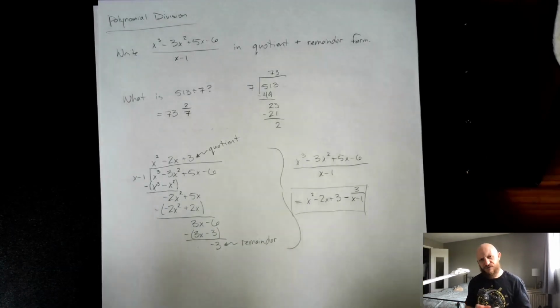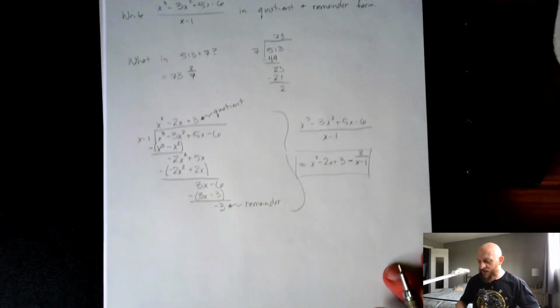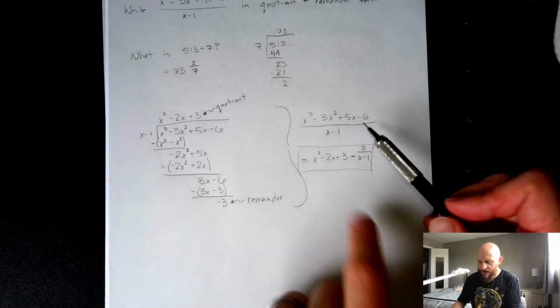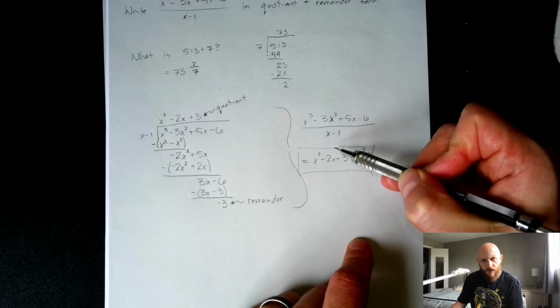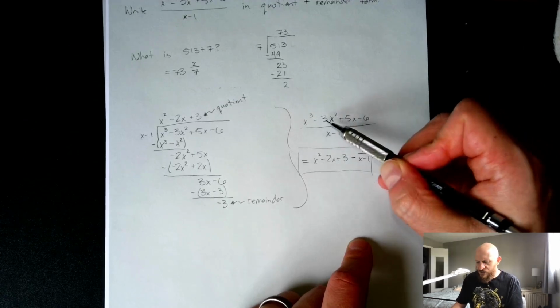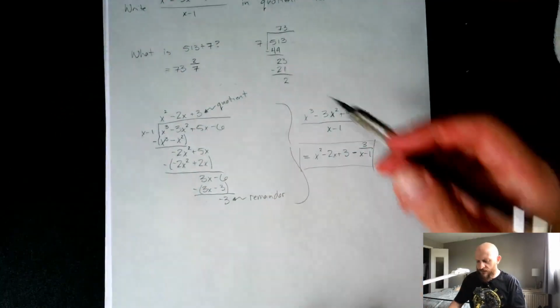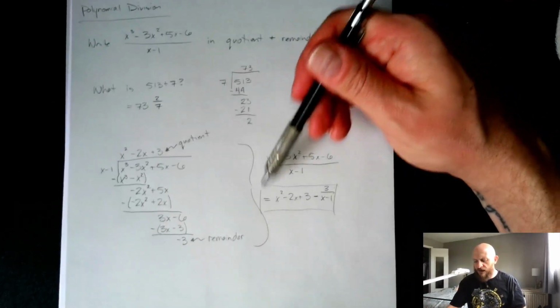Notice though, just a quick point to make, that I'm saying, by the way, that these are equal. This is a line of equality right here. If you can imagine, it's on 2 different lines, but imagine multiplying this whole thing through.